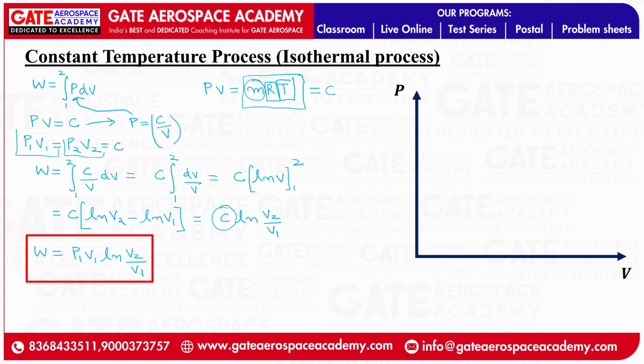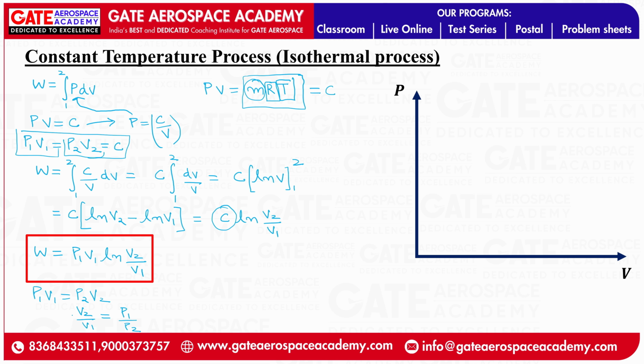We can find out work done formula in terms of pressure ratio also. From this expression, P1 V1 is equal to P2 V2. We can write V2 by V1 is equal to P1 by P2.